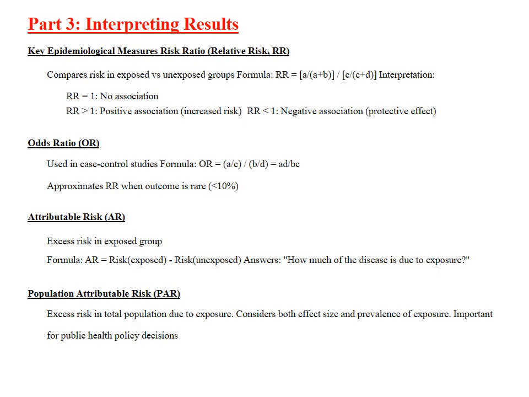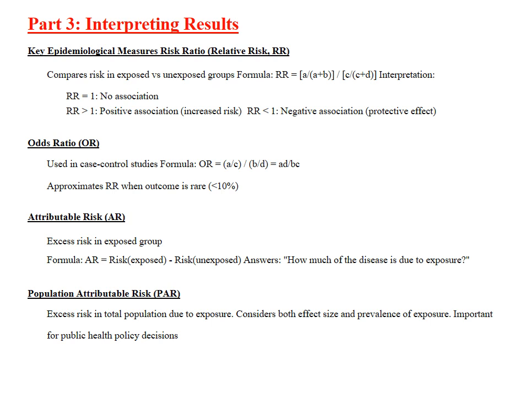Part number 3, interpreting results. How to interpret the result. Key epidemiological measures: risk ratio, or relative risk, which means RR. It compares risk in exposed versus unexposed groups. What is the formula to measure the relative risk?